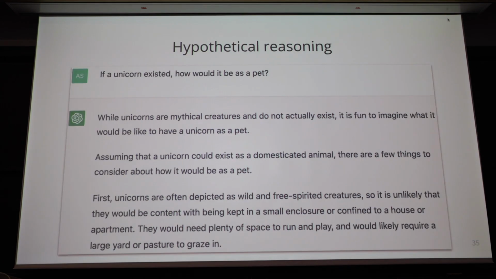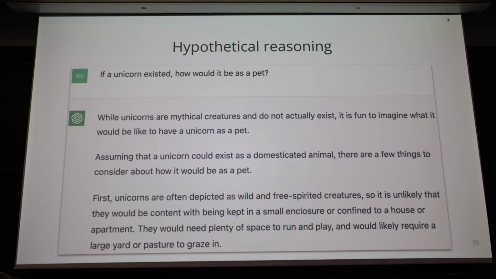So this is hypothetical reasoning. Again, this is interesting because I doubt anyone has ever mentioned this on the internet, right? If a unicorn existed, how would it be as a pet? It goes on to talk about how they're free-spirited, they need intellectual stimulation, just based on the character understanding that it has of a unicorn.